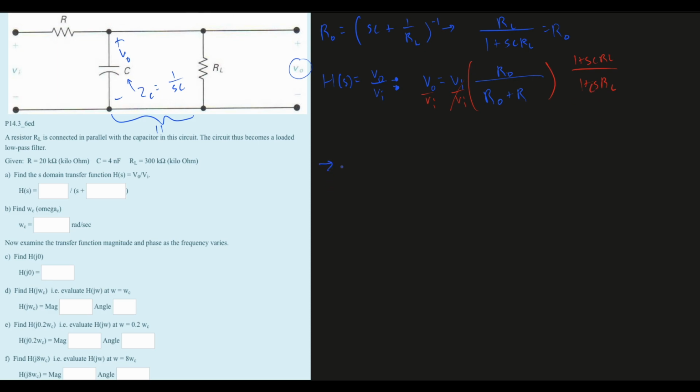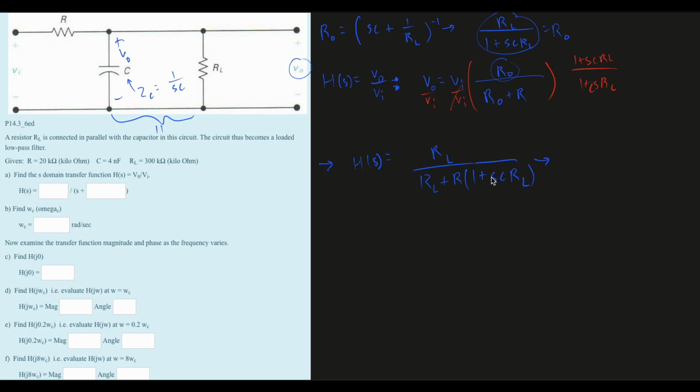And then if we do this, we are going to get our H of S is equal to, we have an RL on top, because remember, this R naught is really all of this. And so the 1 plus SC RL cancels out. And then we're going to have an RL here as well, plus an R. And then inside of here we have 1 plus our SC times our RL. And so this is going to be our new equation.